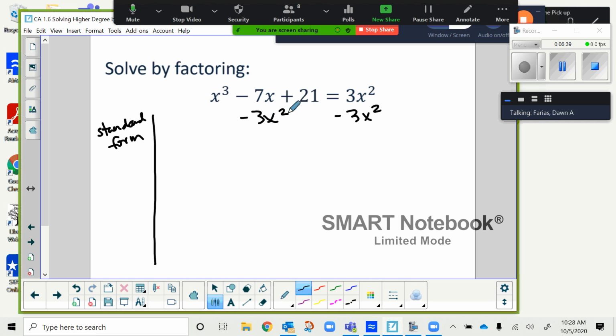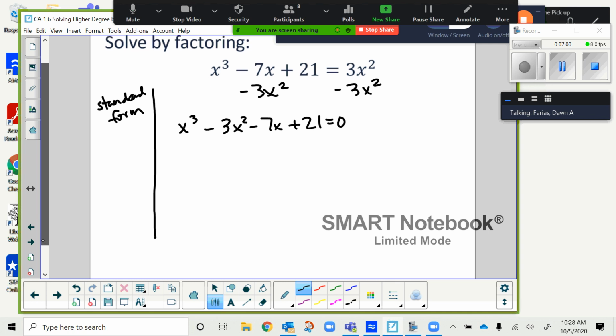And I've got x cubed minus 3x squared minus 7x plus 21 equals 0. There are no like terms here, so nothing combines. So it stays in this form. And when you have 4 terms where nothing combines, you automatically know you have to do grouping. So that's going to be our next step.